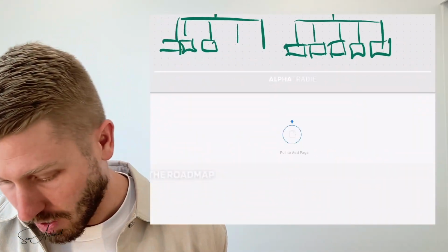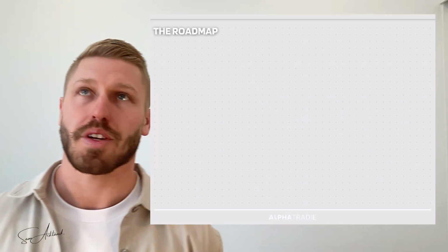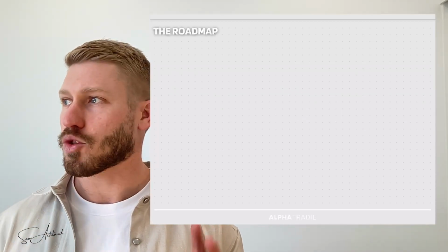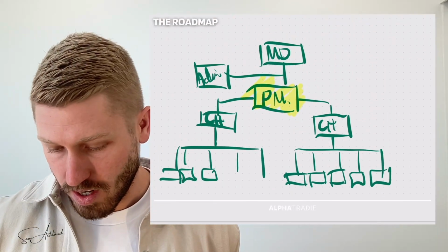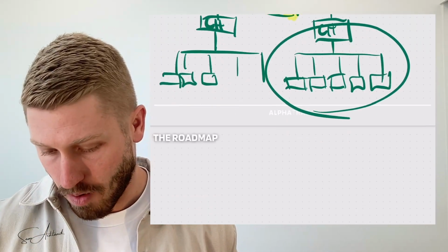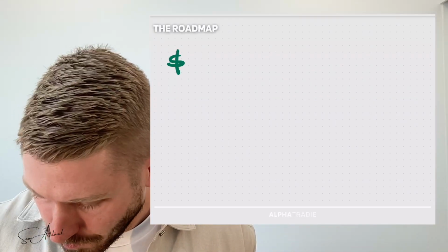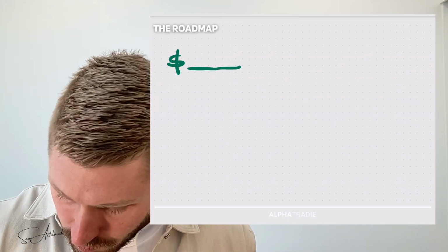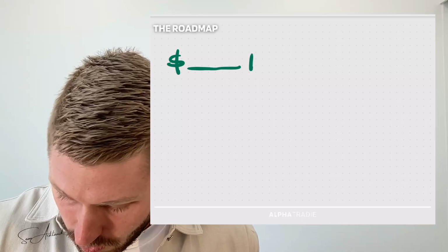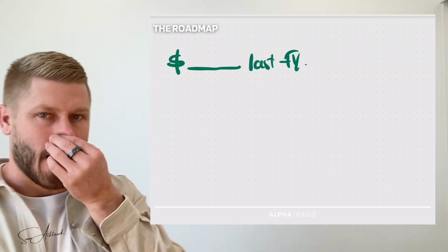So jumping back into looking at our model, we need to establish some unit economics of what's happening. And the reason that we're doing that is we're looking at kind of this part of the team. So I would like you to jot down for me your revenue for last financial year and have a crack at that.